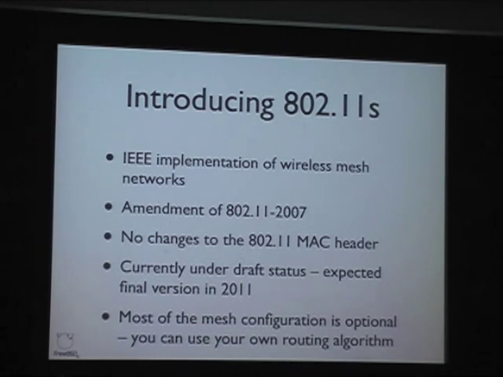One of the main goals in 802.11s is that you can use your own routing protocol and your own link metric and your own encryption protocol and your own authentication protocol. So FreeBSD actually has support for this, and I haven't done it yet, but we could build a kernel module that interfaces with the user land to implement a routing protocol for the mesh.